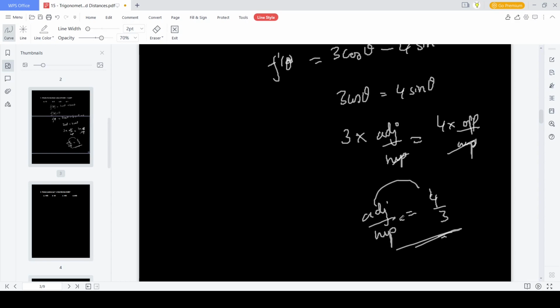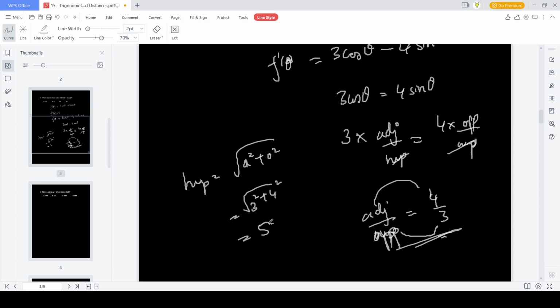So let's assume adjacent is 4, opposite is 3. Hypotenuse is what? Root of adjacent square plus opposite square, which comes as root of 3 square plus 4 square, which is nothing but 5.